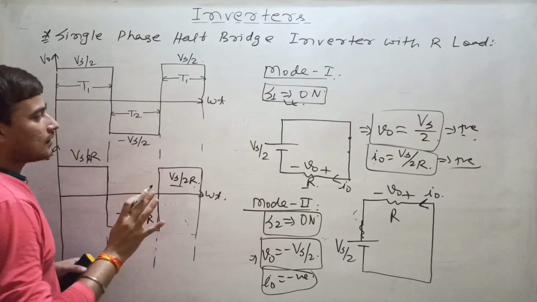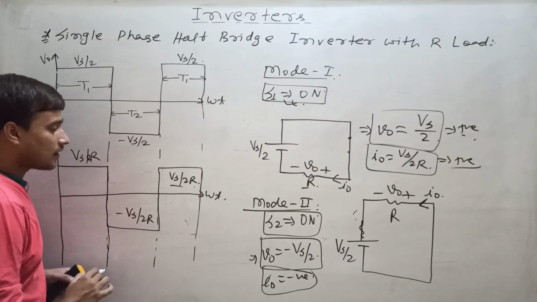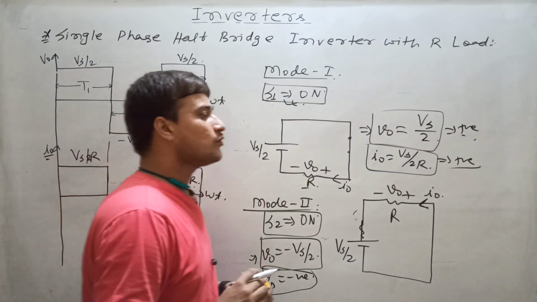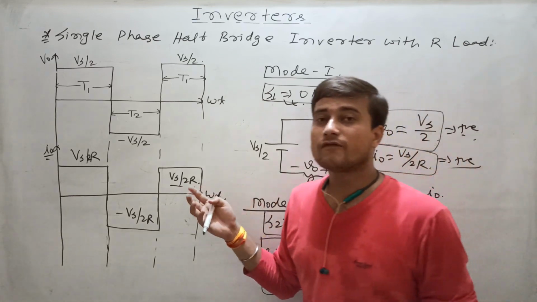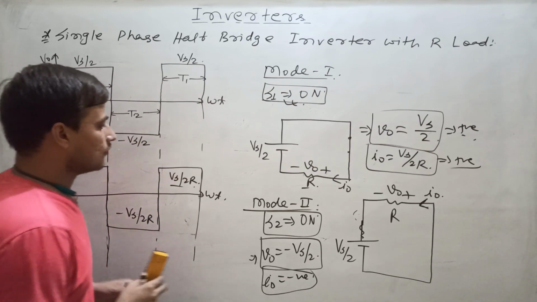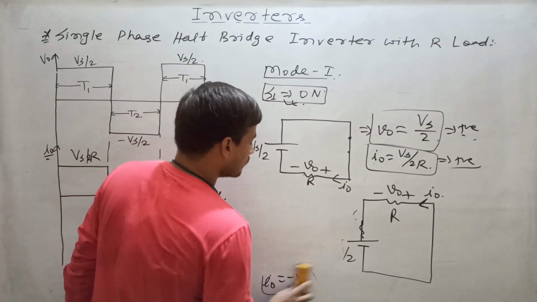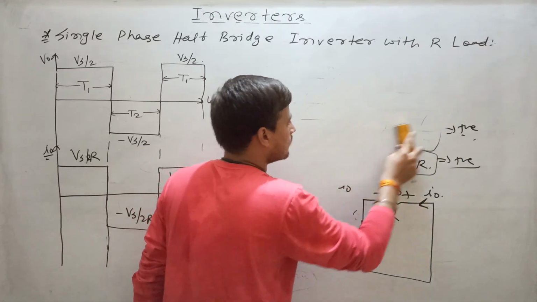Clear? So now what you have to write? If this is alternating voltage, then you have to write the value of RMS voltage, because its average voltage will be 0. So now I am writing the value of RMS voltage.